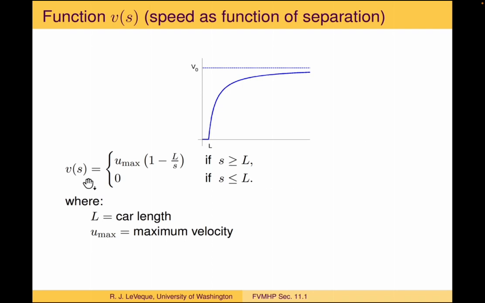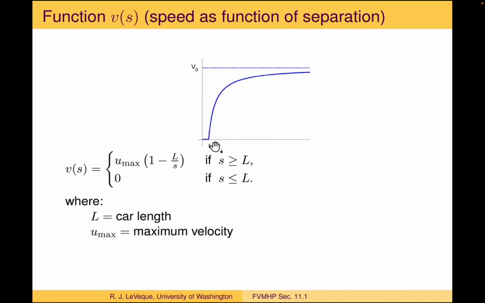This v of s depends on L, the length of a car, and so L over s is a measure of the density. Depending on the density and some maximum velocity, this says that if the cars are bumper to bumper and the separation distance is only L, then the velocity is 0. You stop if you're bumper to bumper.